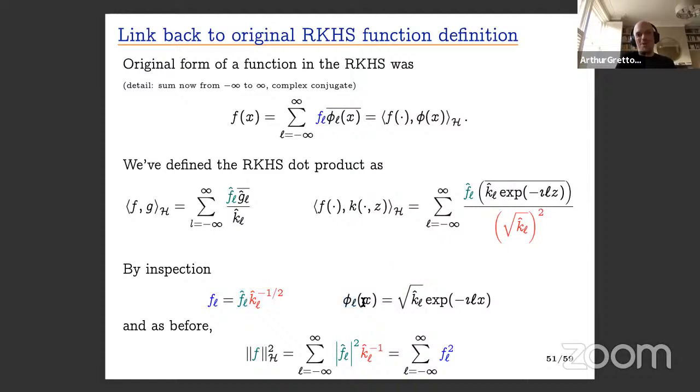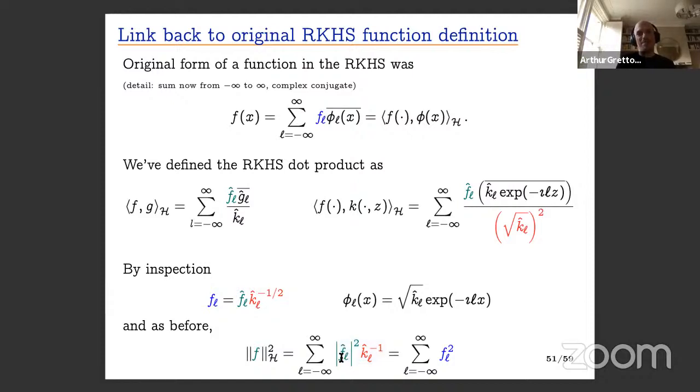And this is, as it happens, rather trivial algebra. And as before, the norm of f I can write here, which shows why it's a roughness penalized norm, because I've got these Fourier coefficients squared divided by k hat L. Or I could write it just as I did before with my blue f L squared. So to my mind, this representation here is the more informative one, because it tells me why I'm getting a roughness penalty.